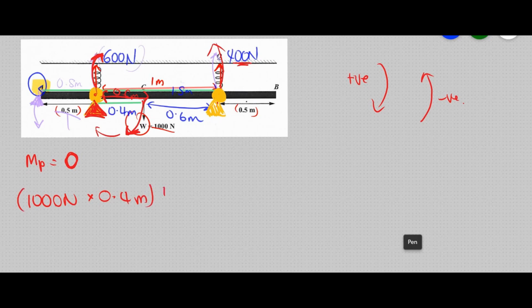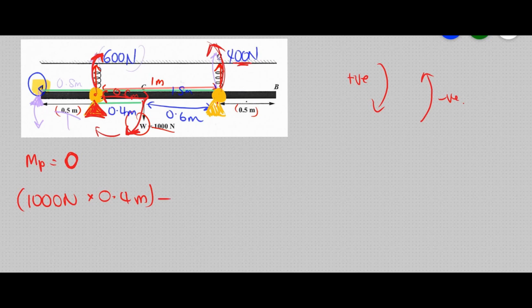And that plus the total anti-clockwise moment provided, which would be in the opposite direction, so it should be negative.